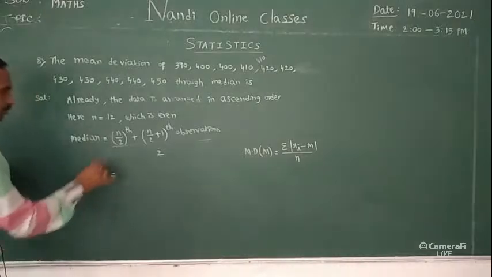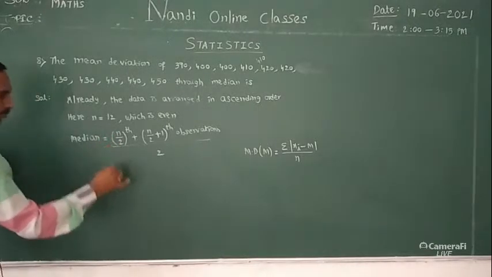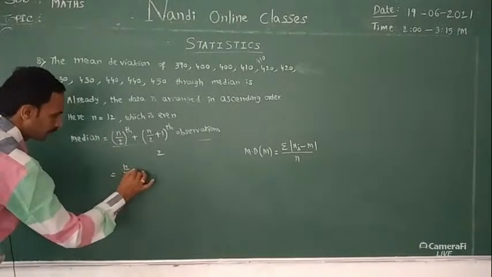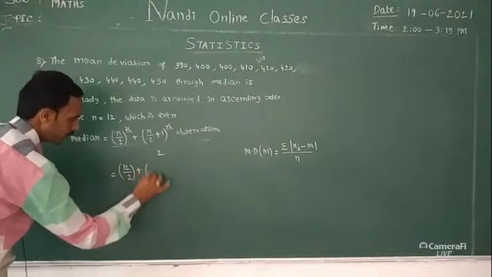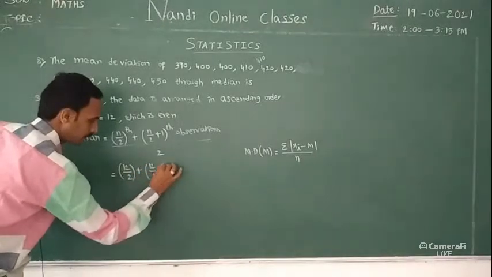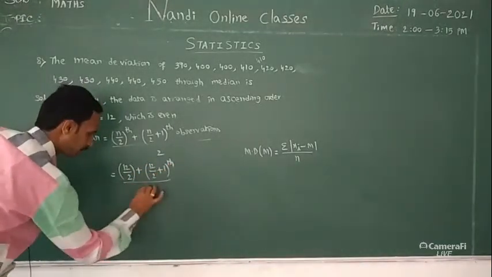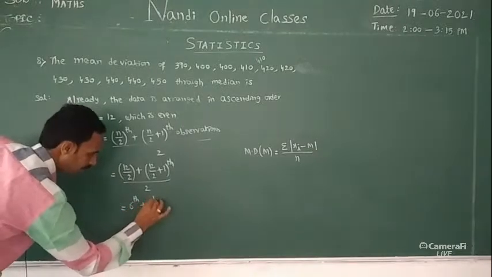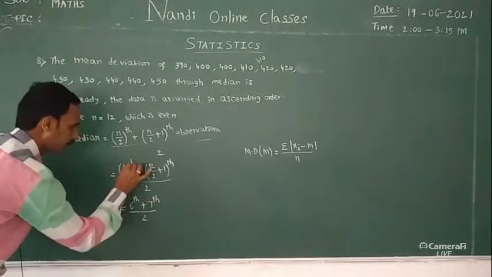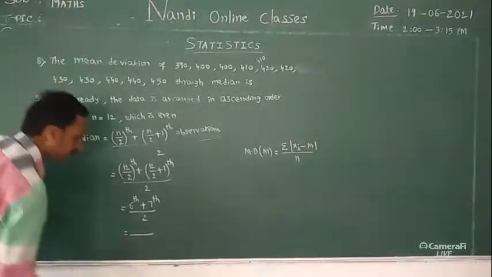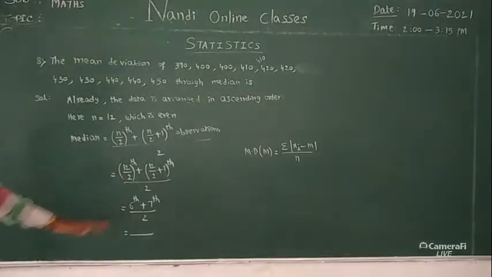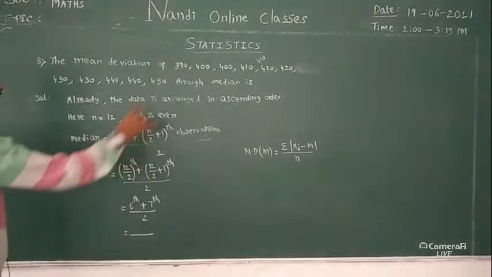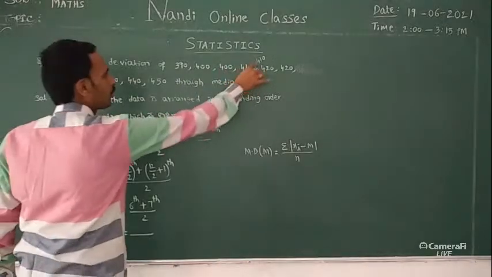So median is equal to n by 2, that is 12 by 2, plus 12 by 2 plus 1th, whole divided by 2, is equal to 6th plus 7th whole divided by 2. What is the 6th observation? 1, 2, 3, 4, 5, 6.